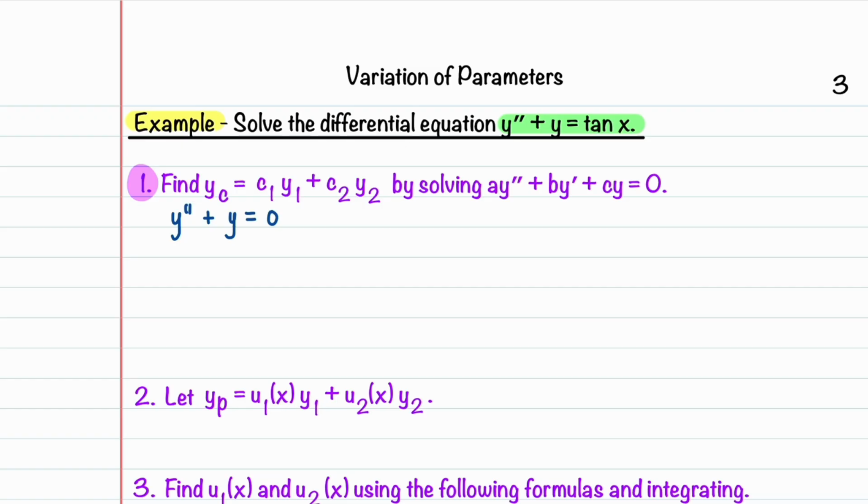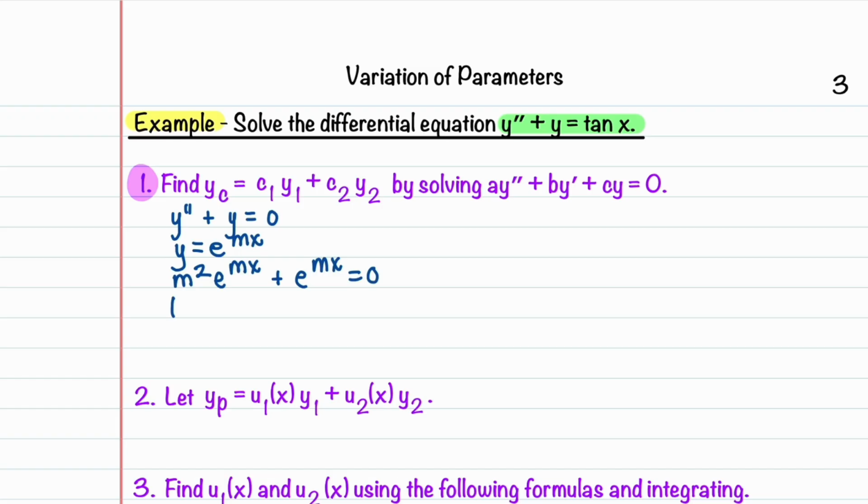To solve this, we are going to let y equal e to the mx. This gives us m squared, that comes from two derivatives, e to the mx plus e to the mx is equal to 0.